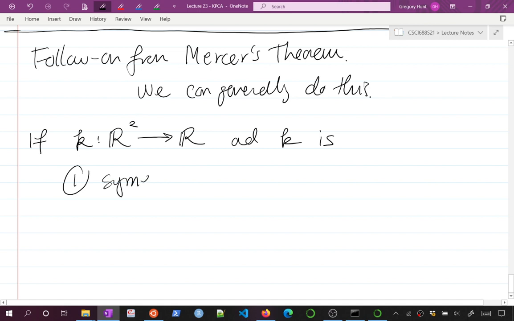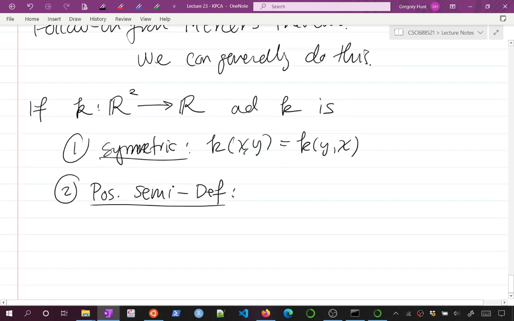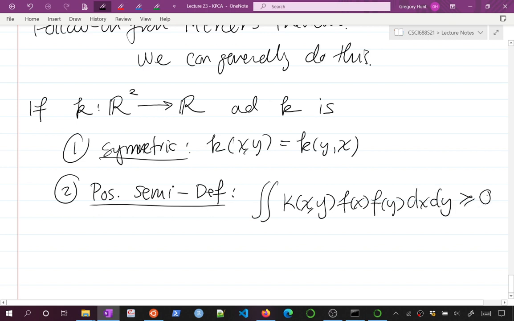One is it's symmetric, which means k of x, y is k of y, x. Two, it's going to be what's called positive semi-definite, which is a little bit more of a technical condition, not that bad, which basically says if I have some function f and I integrate k of x, y times f of x, f of y, dx dy, this thing is always positive. This is a very similar condition to what's called positive semi-definite for matrices. So read up on that first.